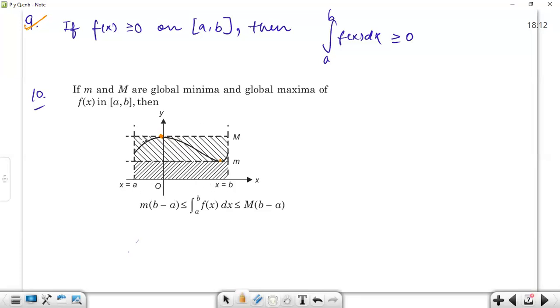They both lie in A, B, then m times (b minus a) and M times (b minus a) bound the definite integration, the area under the curve between A and B, which would be in between these two, the minima and maxima. Is this clear? Yes, sir.